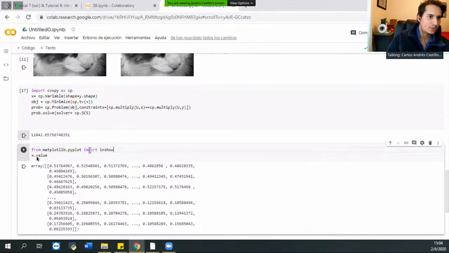And now imshow the x.value, im like image. It's like show me the image. Or you can run the cell that is the cell 16.